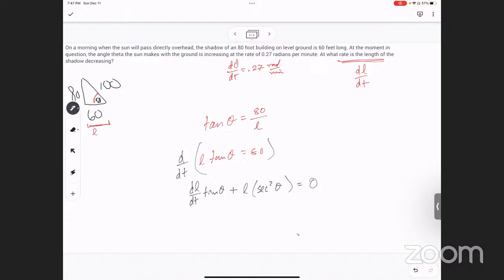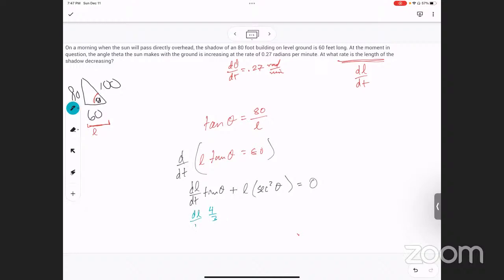Got it? Now what's the tangent of theta at that moment? What's the tangent right now of this? It's opposite over adjacent, right? So it's 8 over 6, or 4/3.